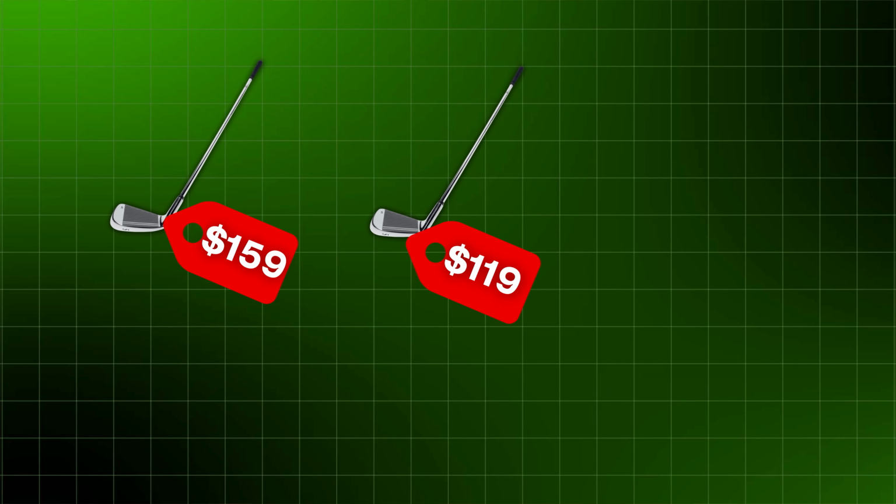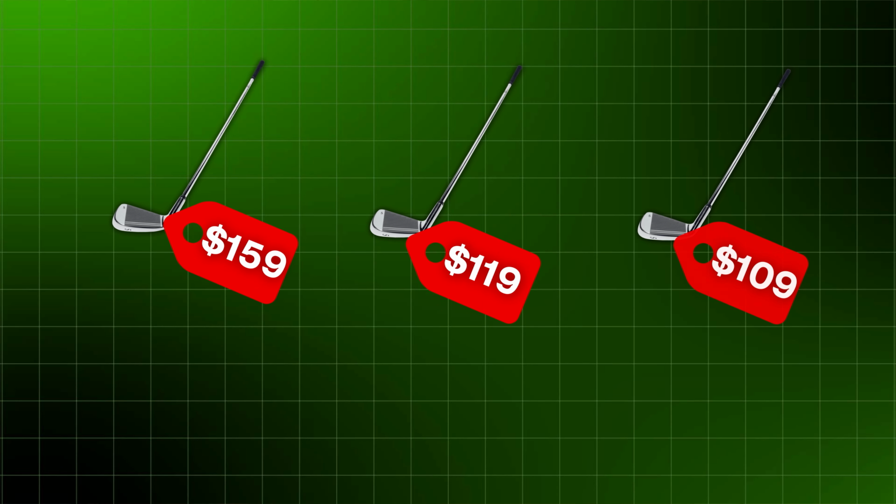So if I break it down a bit more on how exactly these bundles work, we basically analyzed the competitor pricing and we found out that we can offer around a 23% or $88 discount on the bundles while still maintaining profitability and healthy margins. For example, the driver is normally $159, the 7-iron is normally $119 and the wedge is $109.